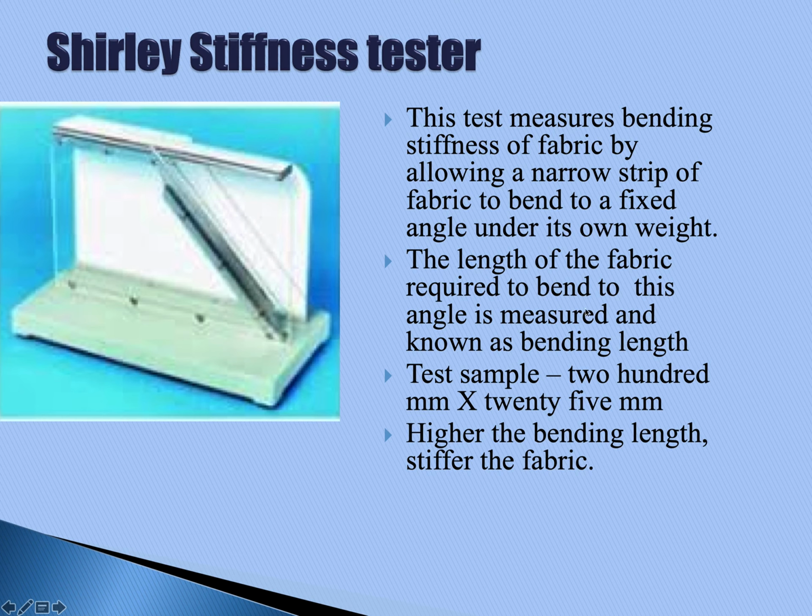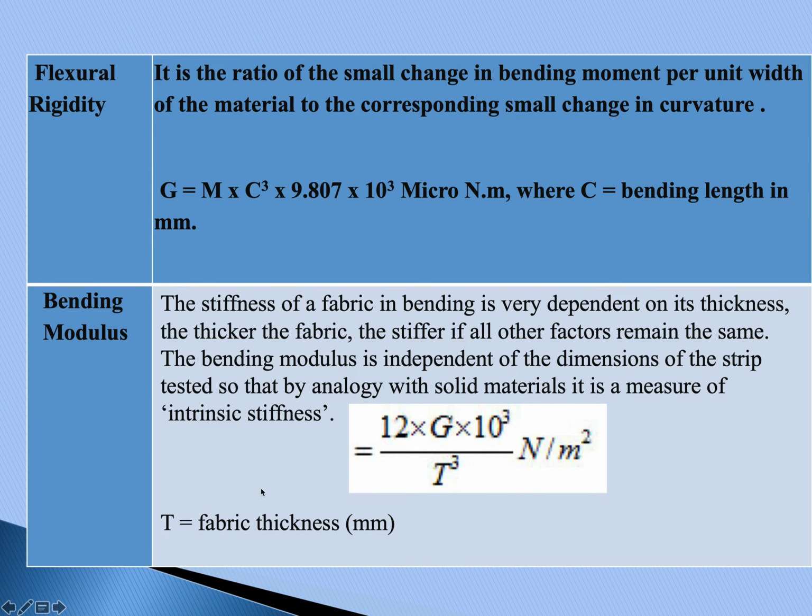The length of the fabric required to bend to this angle is measured, and from this length the bending length can be determined. The test sample which is taken here is 200 mm by 25 mm, and higher the bending length, the stiffer will be the fabric, its stiffness will be higher.